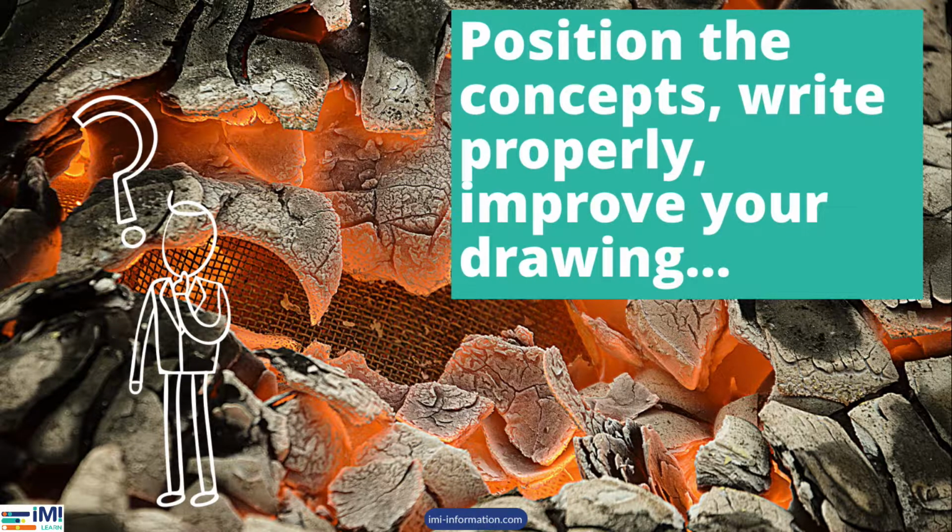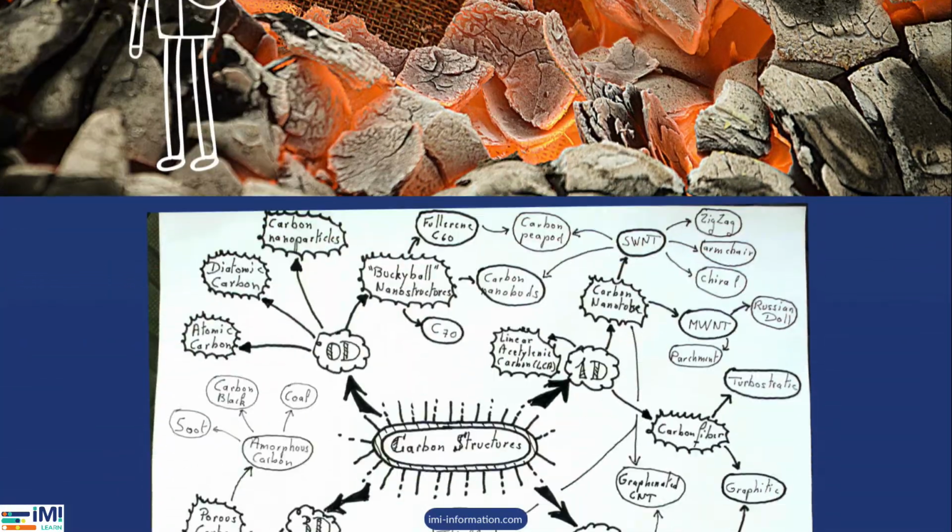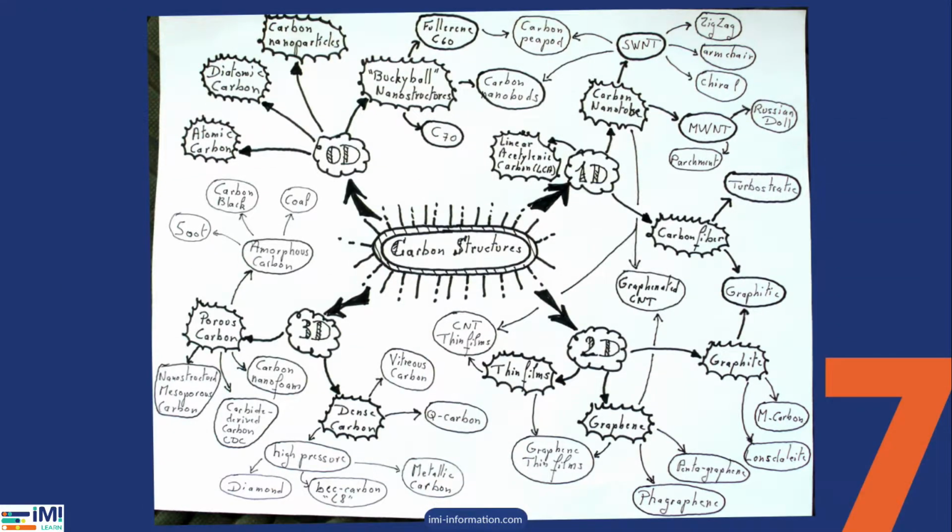This is usually the time to duplicate your mind map on another page where you will rewrite properly, improve your drawing, add colors, maybe glue some pictures, and mostly reorganize.